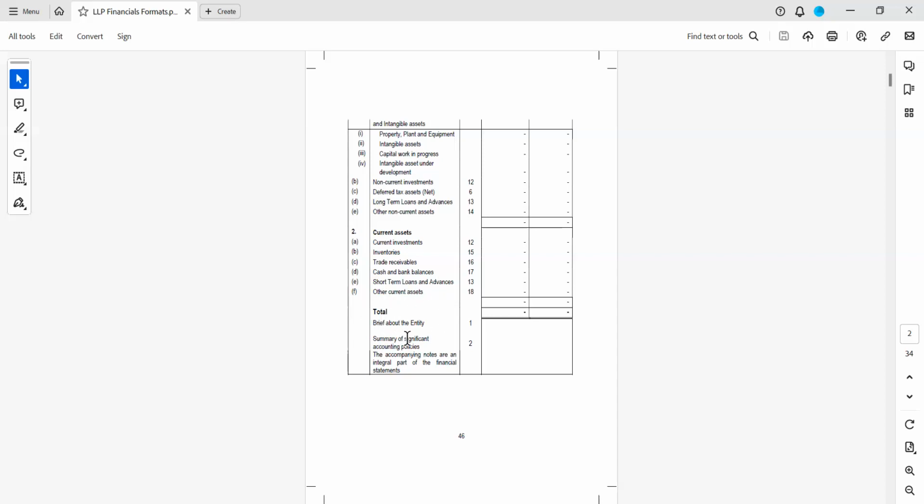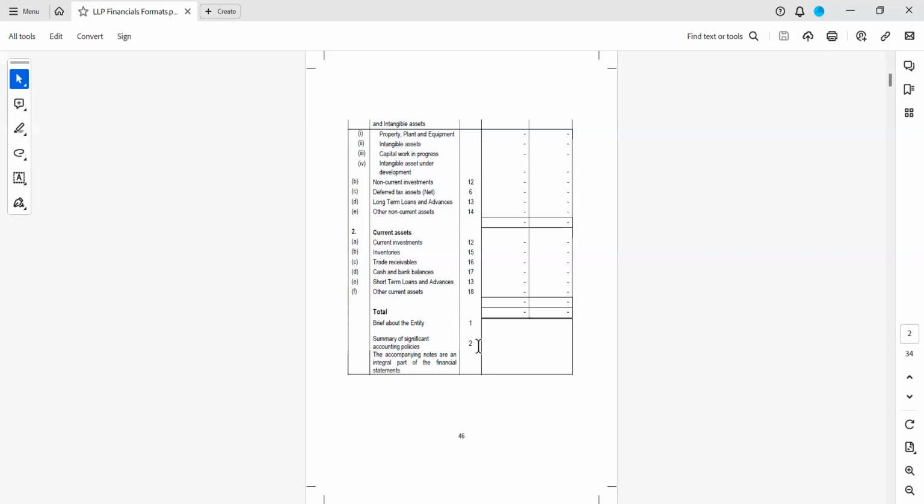So next, brief about the entity. I do not know if you have done any LLP. You are supposed to give all this, like how you give accounting principles and policies. The same thing you have to give. Like in companies, note 1 will be the entity brief and note 2 will be accounting policies, always.